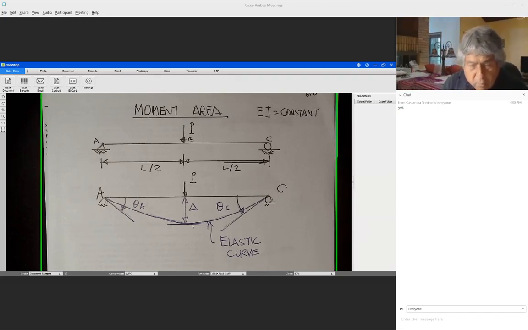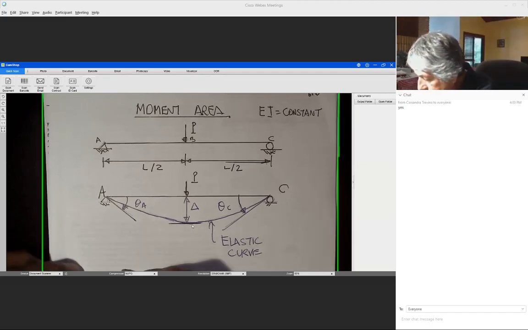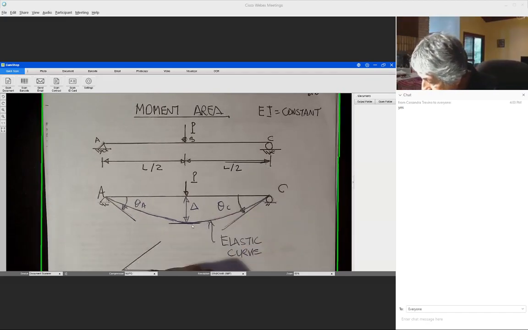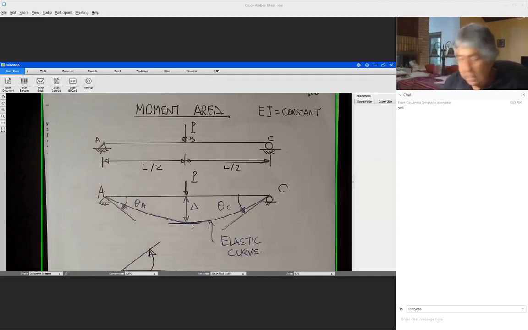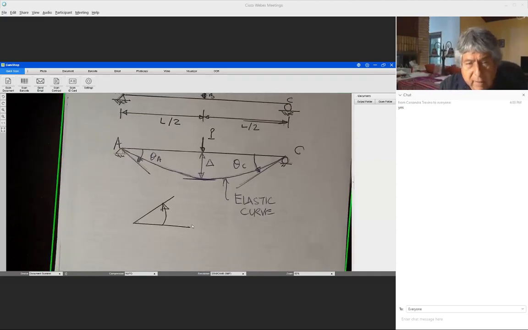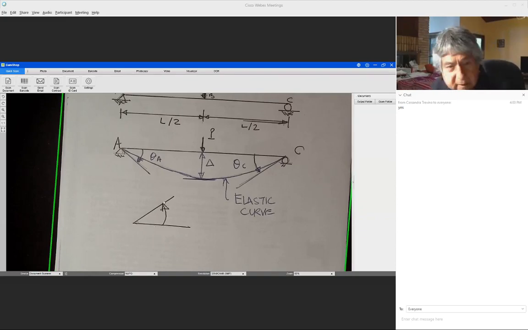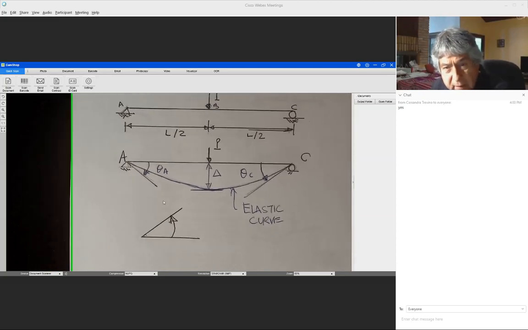The sign convention that we use here is that a counterclockwise rotation, a rotation that goes in this direction, is positive. So counterclockwise is positive.